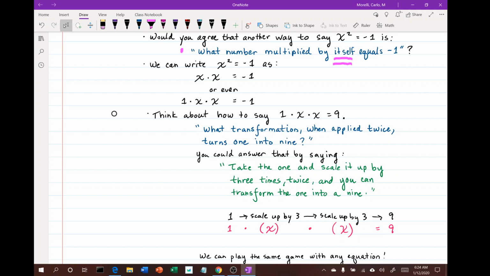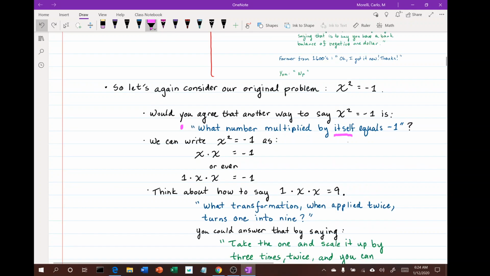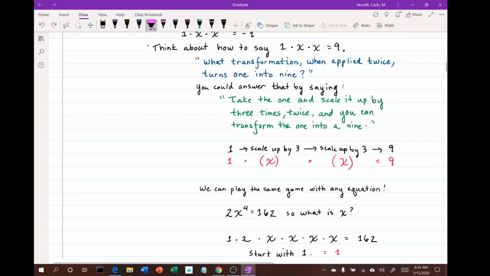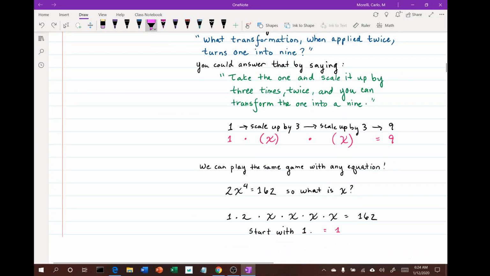So here's the cool explanation. Take the 1 and scale it up by 3 times twice, and you can transform the 1 into a 9. Now, this language, when I'm just talking to you, sounds a little bit confusing. So here's what we mean. I drew a little diagram for you. Take the 1, scale it up by 3.